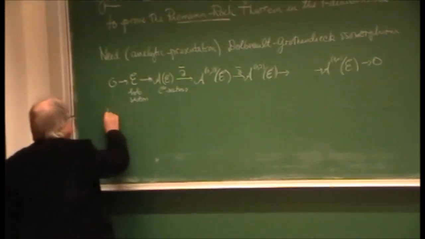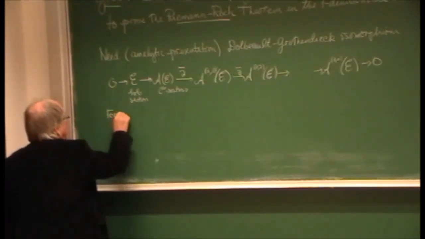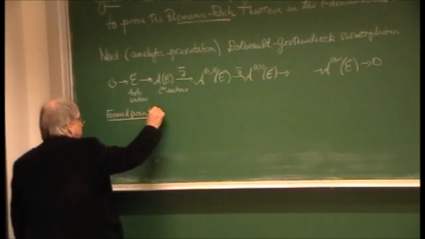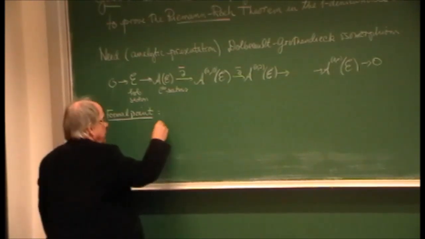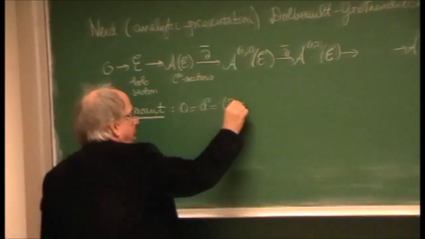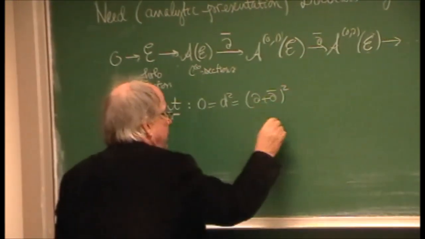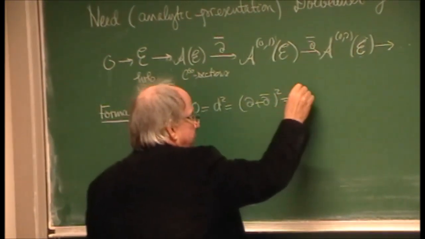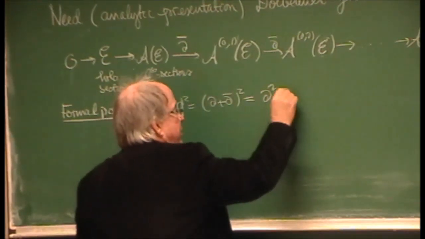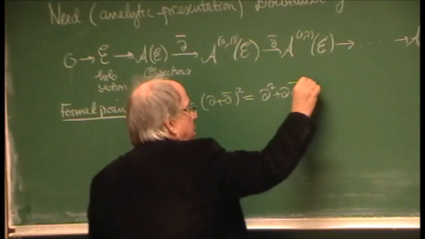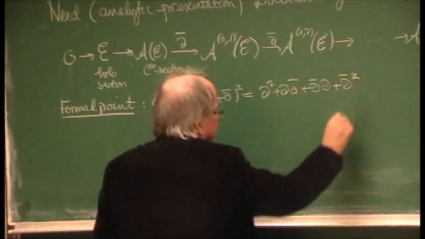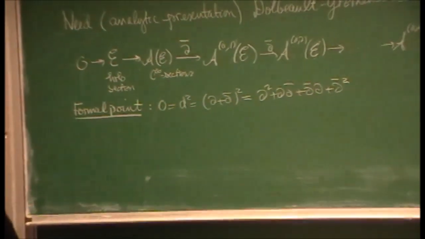One formal point: as you know, d squared is equal to 0, and d is d plus d-bar. Then you multiply this out as operators: d squared is equal to del squared plus del d-bar plus d-bar del plus d-bar squared.